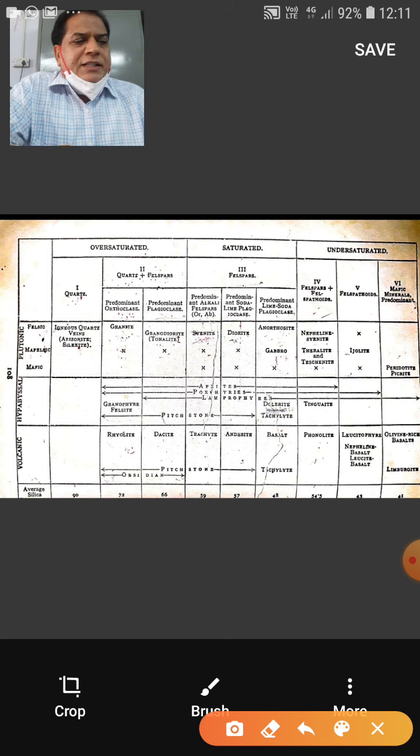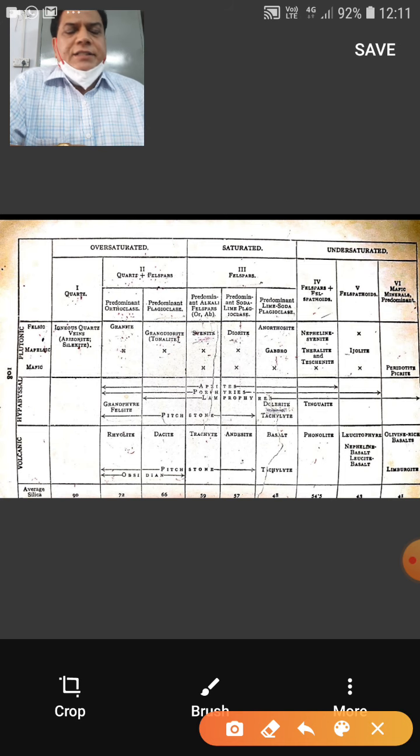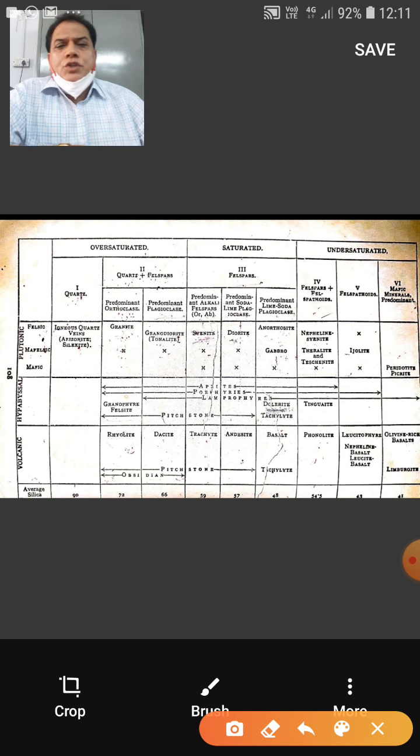You all know that the felsic minerals constitute 79% in average igneous rocks. So he made vertical divisions based on the relation between three felsic groups, that is quartz, feldspar and feldspathoid.